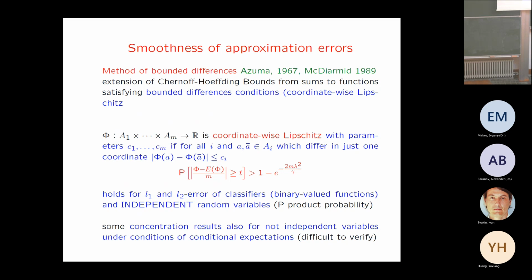I forgot to write the definition of gamma. But anyway, the idea is that it's something like a coordinate-wise Lipschitz function, but with coefficients that are small enough. And when they are small enough, then we get some bound.